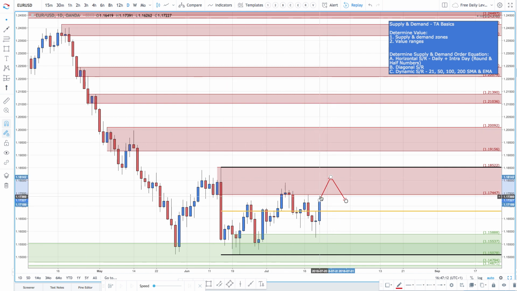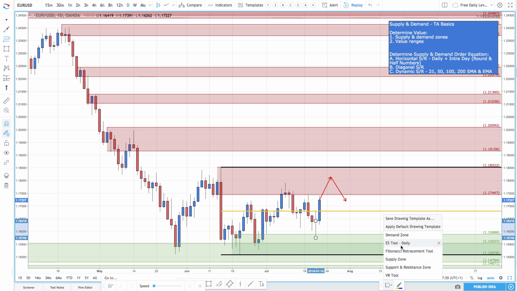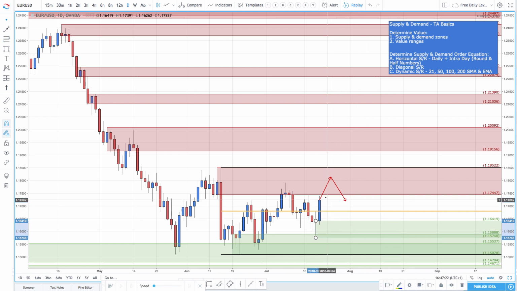So if prices make this new high, you'd be looking for a pullback, and then this would be your area of demand, right? It'd be right here, yeah. But we need to see that basically break past this high before putting on that demand zone.